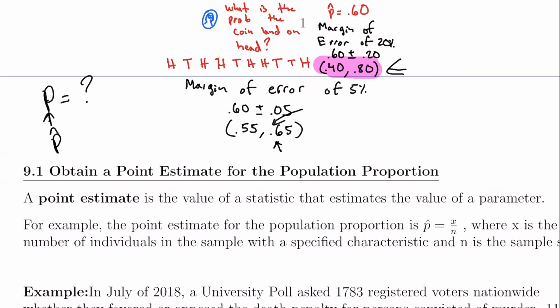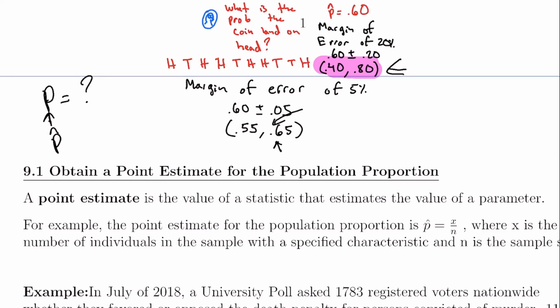That's what the point of estimate is. It's telling me I don't know what the population parameter is, but I'm going to use the statistic to estimate what the population parameter could be.